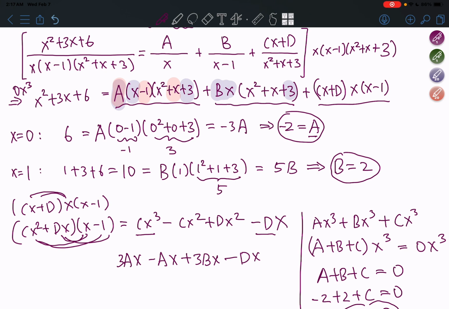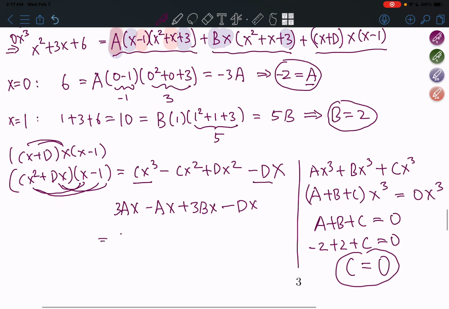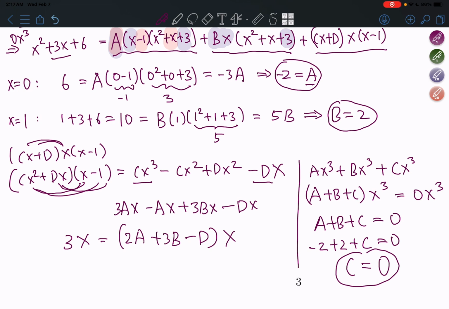Okay, so now we can combine some like terms. This is equal to 3a minus a, which gives me 2a, plus 3b minus d, times x. And we're supposed to match that with the x term on the left, which is 3. Therefore, 3 is equal to 2a plus 3b minus d.